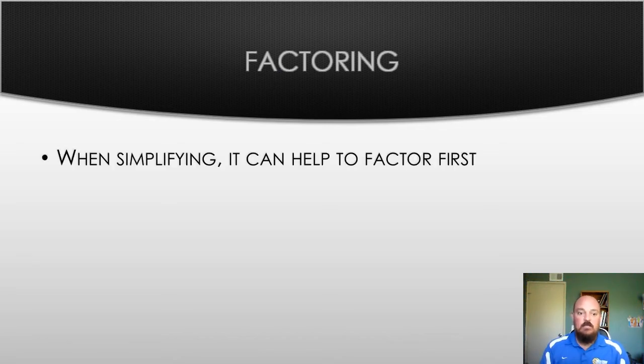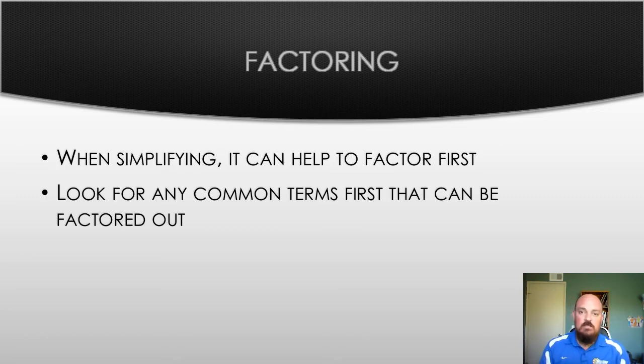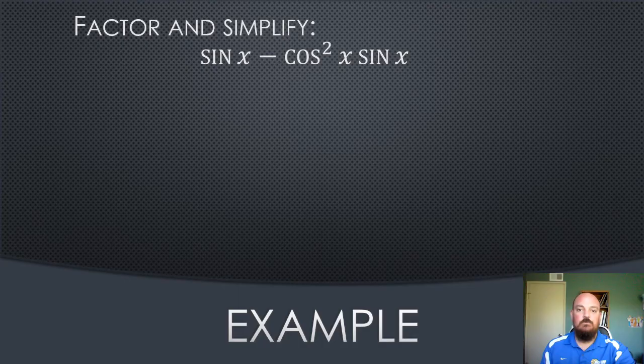Now, when you're doing that, sometimes it can help to factor. So I want to talk about factoring with trig functions. There's a couple ways to do factoring, and the first one, and probably the easier one, is factoring out common terms. So let me show you an example where we might do that. I'm going to say factor and simplify this.